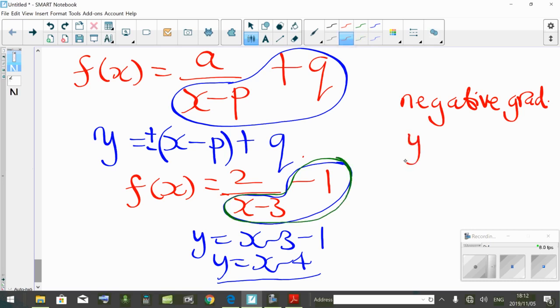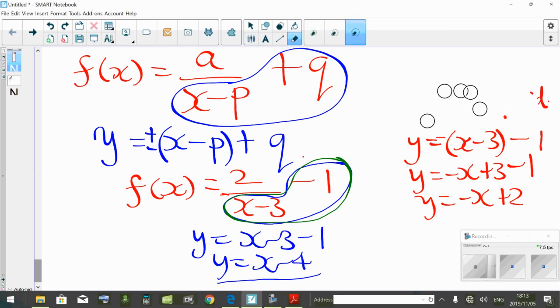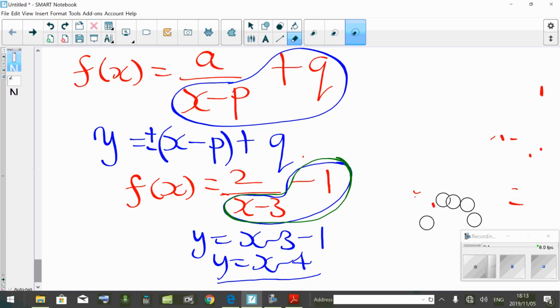Then you write it down as y equals x minus 3 minus 1. However, since you want a negative gradient, you put that part in brackets and put a negative here. Then you simplify to get negative x plus 3 minus 1, which gives you negative x plus 2. However, we know the question doesn't ask for negative gradient. The question wants positive gradient.